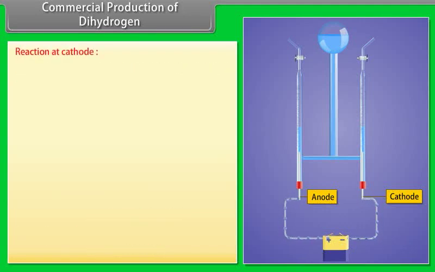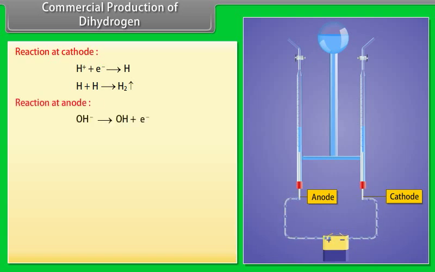Reaction at cathode: H+ plus electron gives H. H plus H gives H2. Reaction at anode: OH- gives OH plus electron. 4OH gives 2H2O plus O2. Overall reaction: 2H2O gives 2H2 plus O2.